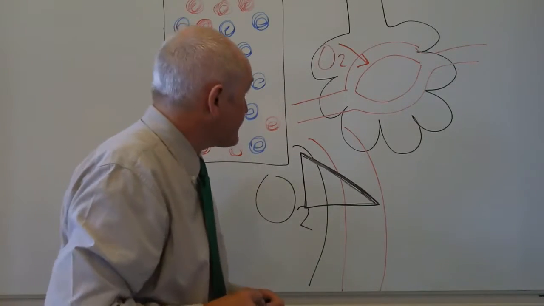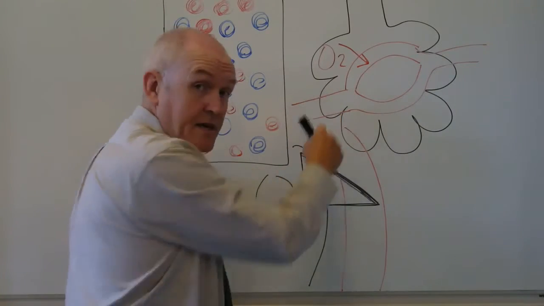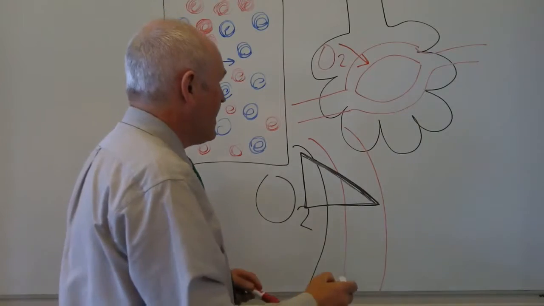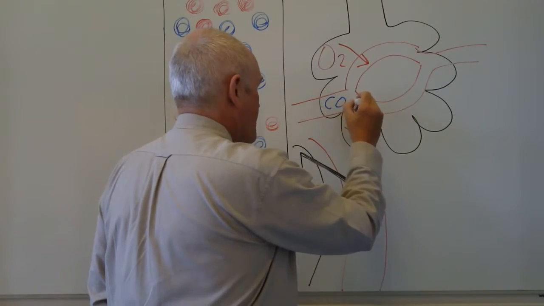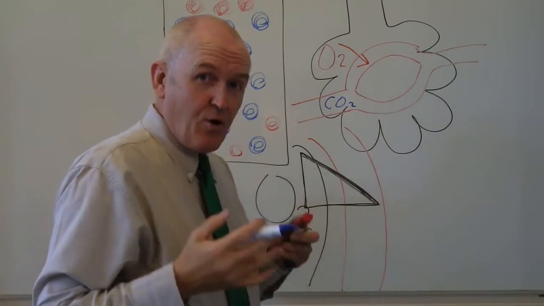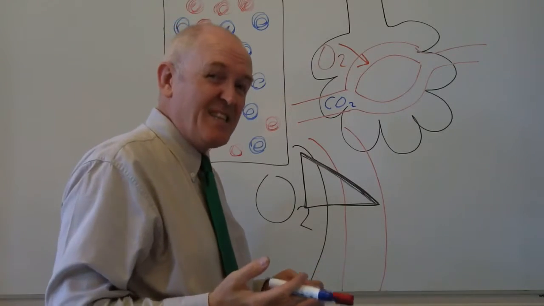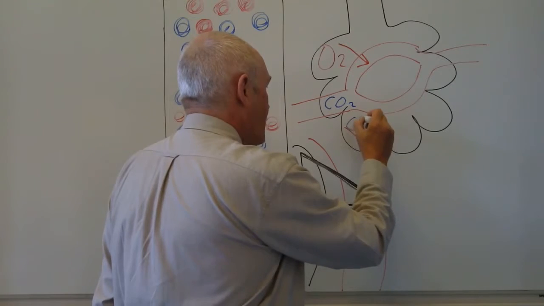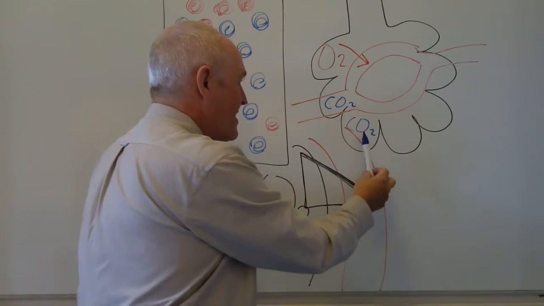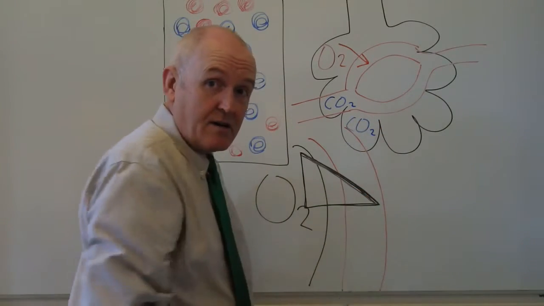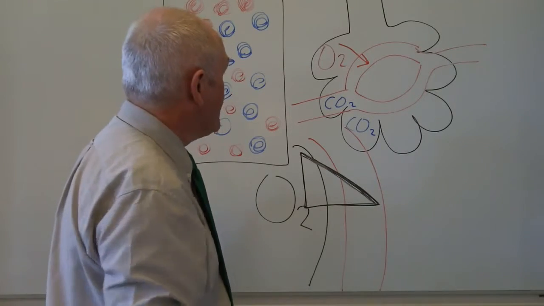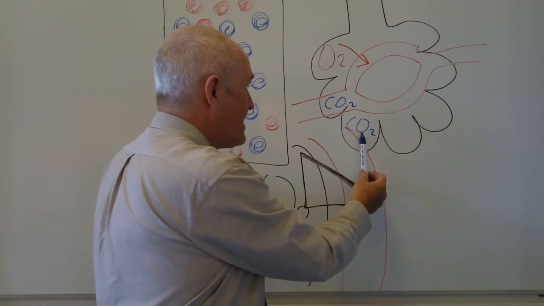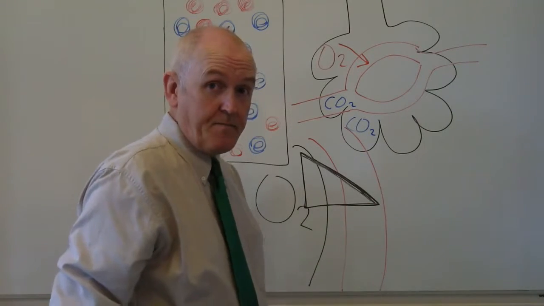And conversely, the blood arriving in the pulmonary circulation is going to be relatively high in carbon dioxide. But the air that's been refreshed from the outside atmosphere in the alveoli is going to be relatively low in carbon dioxide. So the blood is relatively high in carbon dioxide, but the air is relatively low in carbon dioxide.